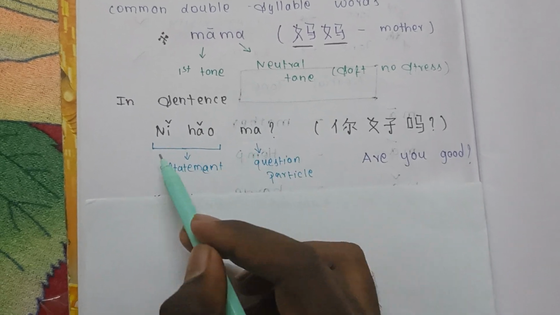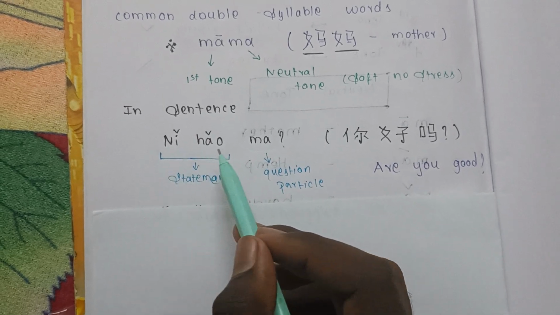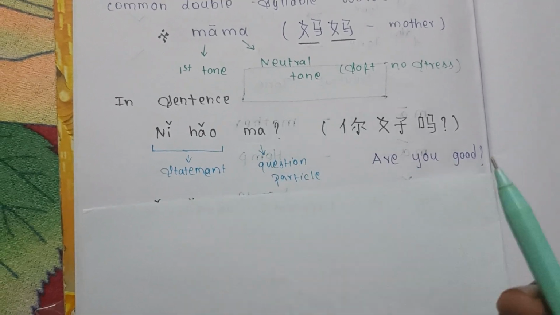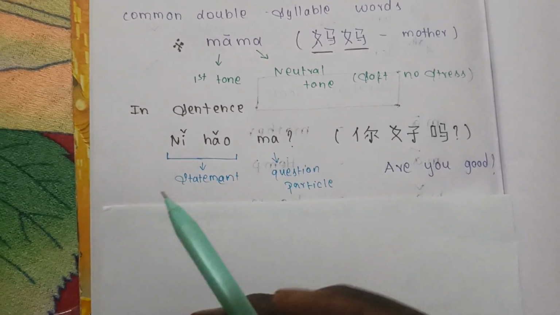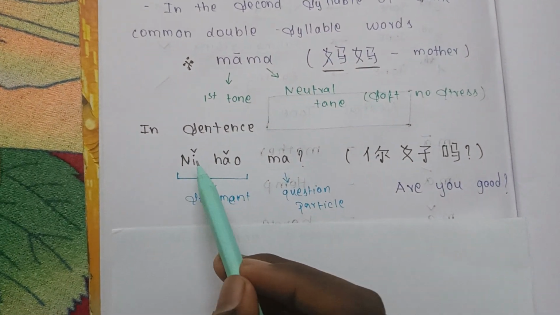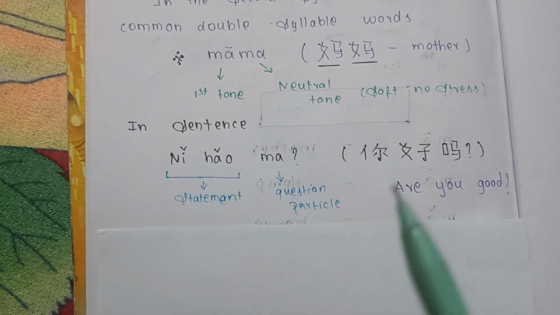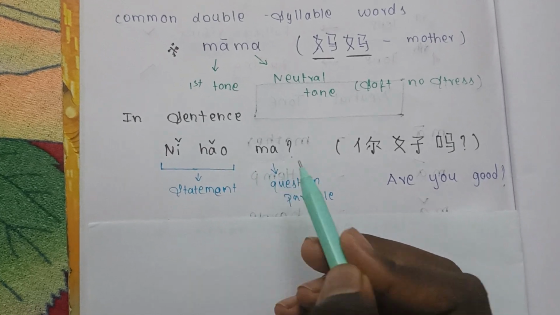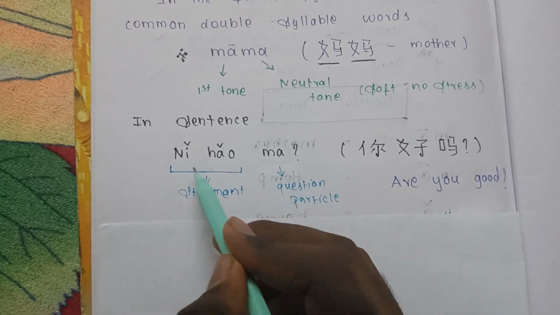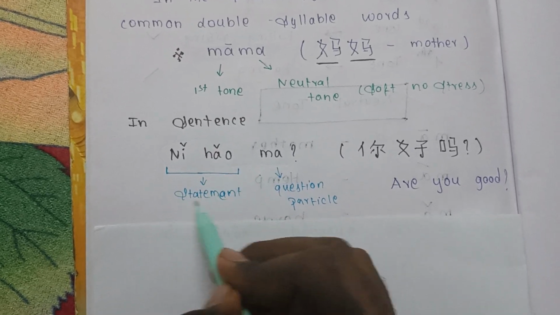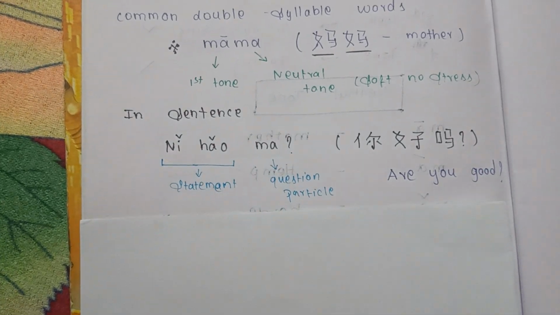For example, in this sentence, ni hao ma, which means are you good? In Chinese, ni hao means hello or good. If you add a ma, it becomes are you good. This ni hao is a statement, and this ma is a question particle in Chinese grammar.